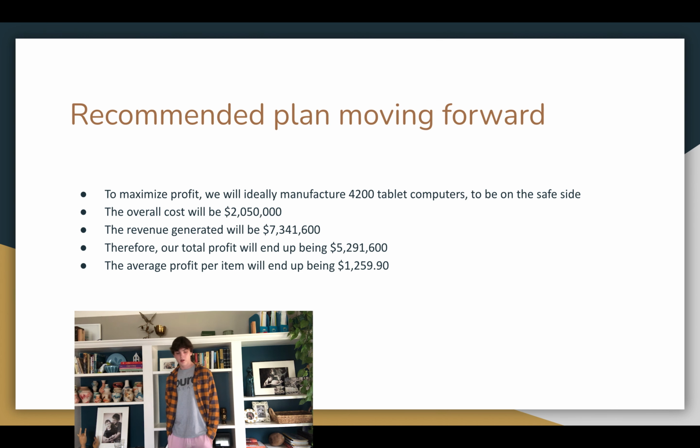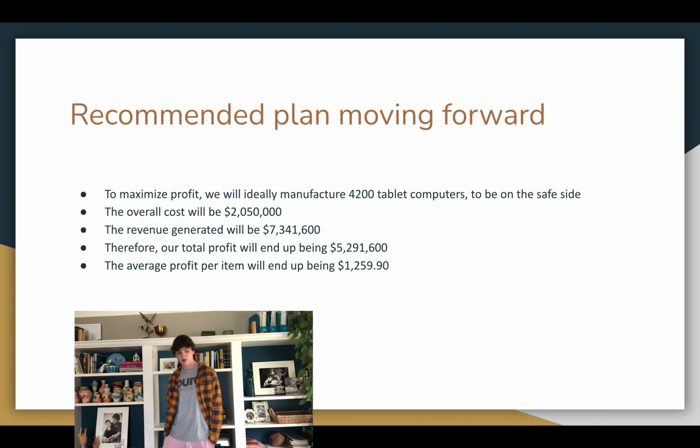So, here's the plan I recommend moving forward. As stated before, 4,200 tablet computers. We're just going to round up in this scenario just to be on the safe side. Overall, we'll be looking at a cost of $2,050,000. The revenue generated will be about $7,341,600.